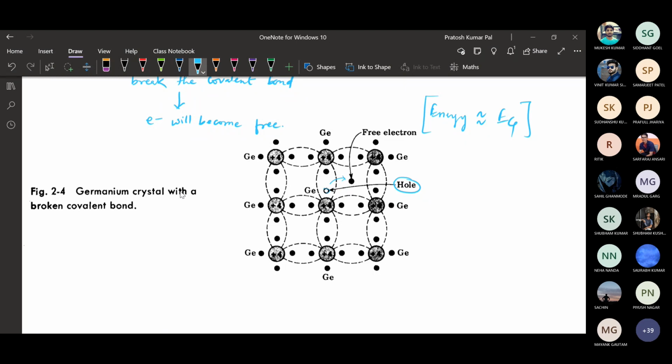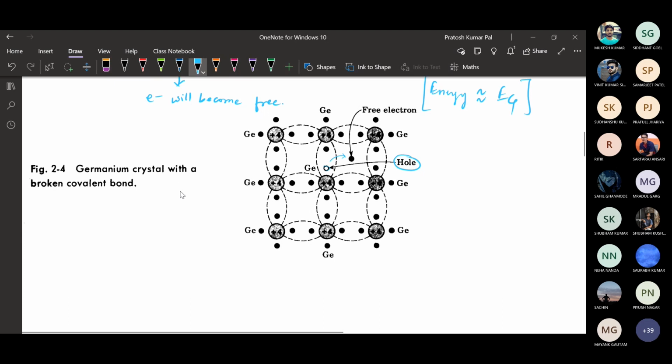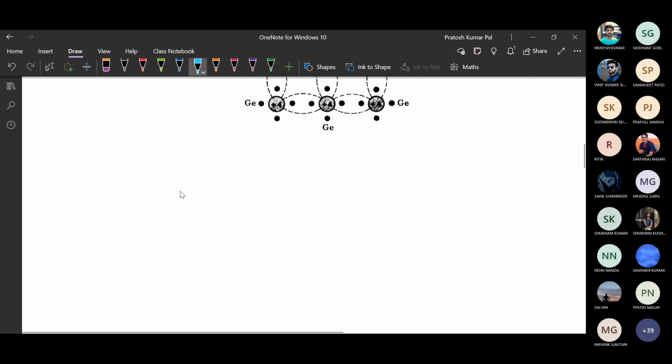Okay, so if we are providing 0.72 electron volt of energy in terms of thermal energy, then this covalent bond will break. In case of silicon, we need to provide some more energy, like 1.1 electron volt, as the band gap energy of silicon is higher than germanium. So if we are able to provide Eg equivalent amount of energy externally, then the covalent bond will break and free electrons will be generated.